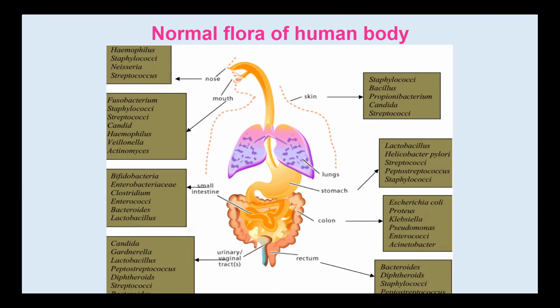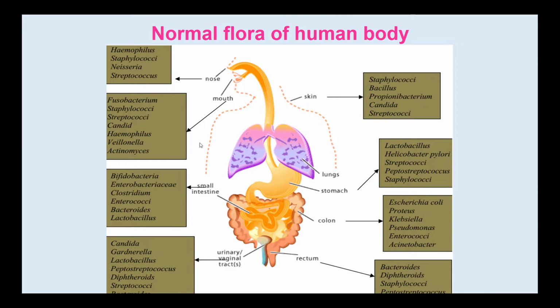As I said, first we talk about the normal flora of the human body. Maybe you all know that in some biotopes of the human organism normal flora bacteria are present, which are very important for the health of the body. On this slide, I show which biotope or site of the human organism has these bacteria.